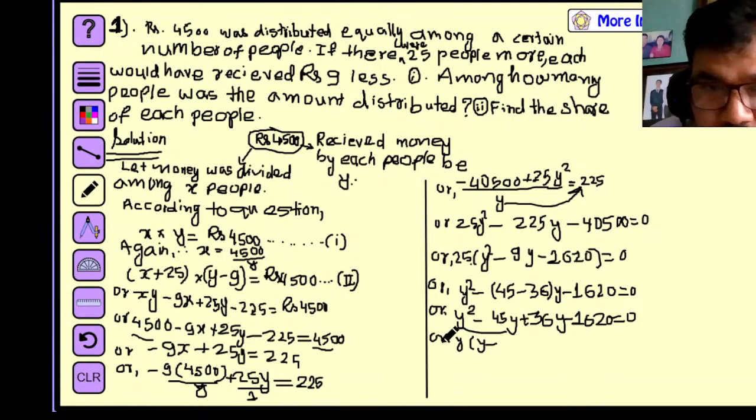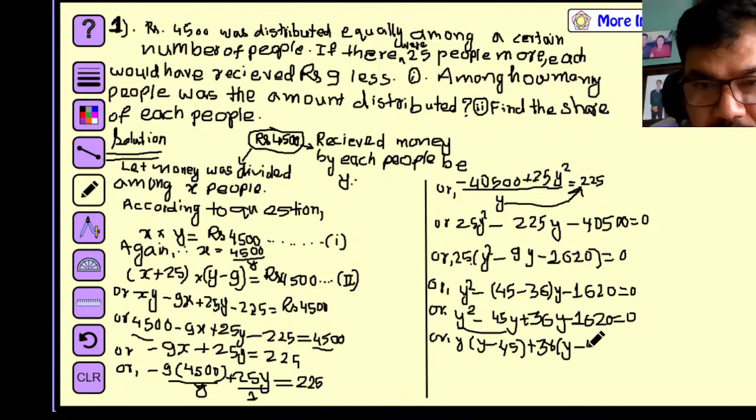In these 2 terms, there is y common. The y minus 45 is left here, right? Here 45 is left. Now here we can take 36 common. As we know, 36 into 45 is 1,620. That's why if we take 36 common, here remains y minus 45. Yes, these two remaining in the bracket must be the same.